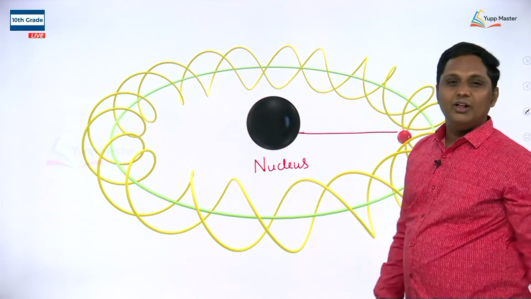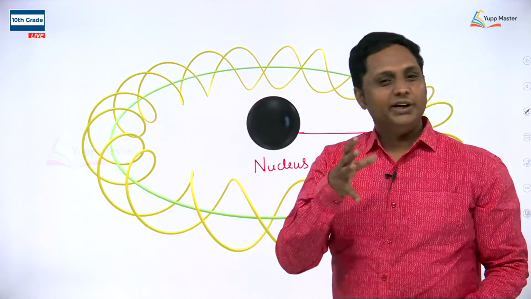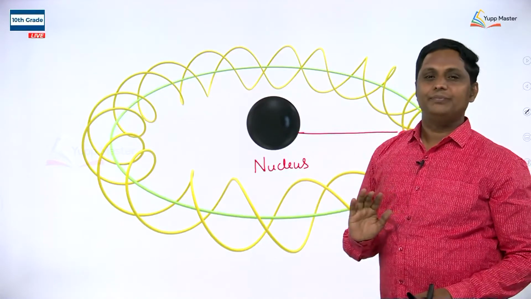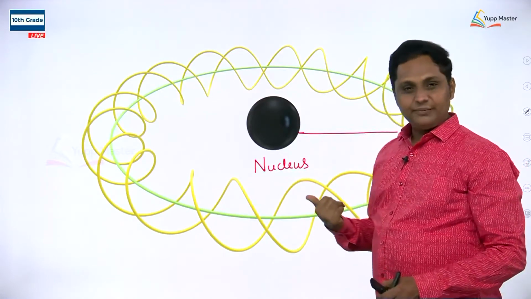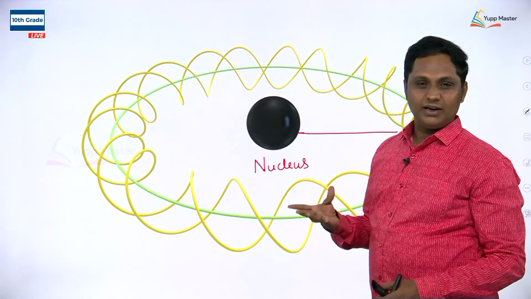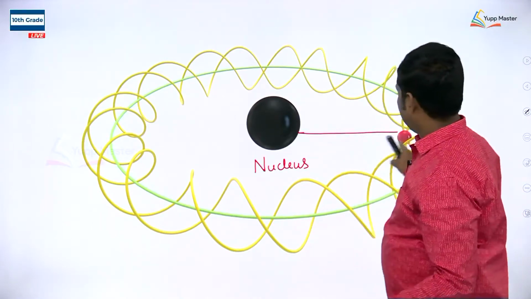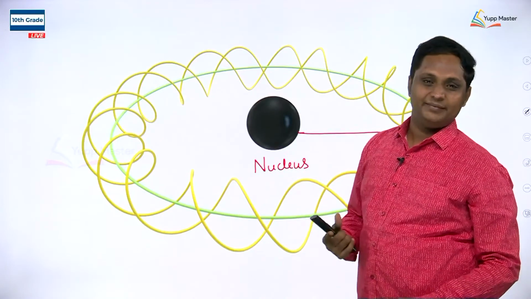So, you would like to know about the measurements of the atom regarding its size, and also you can take the radius of the orbit.